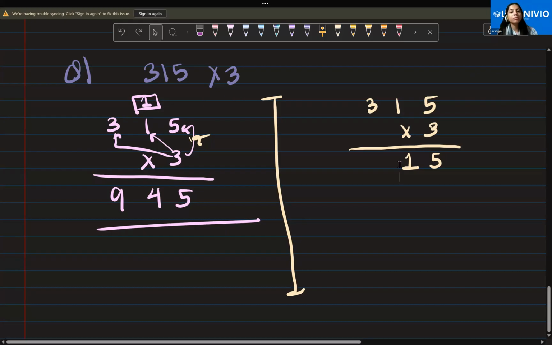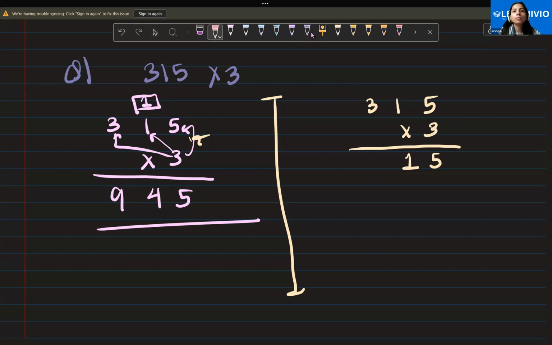So below 315, if there are two-digit numbers, then we should do it like that, not in one digit.